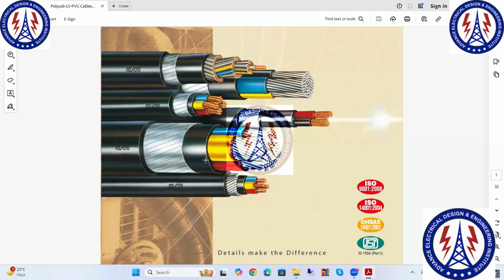Any idea what is the purpose of the inner sheath? Okay, above the inner sheath, you can see that there is armoring. So armoring is a metallic part which can damage the insulation. So just to protect the insulation from the armoring, this extra layer is added, which is called the inner sheath.